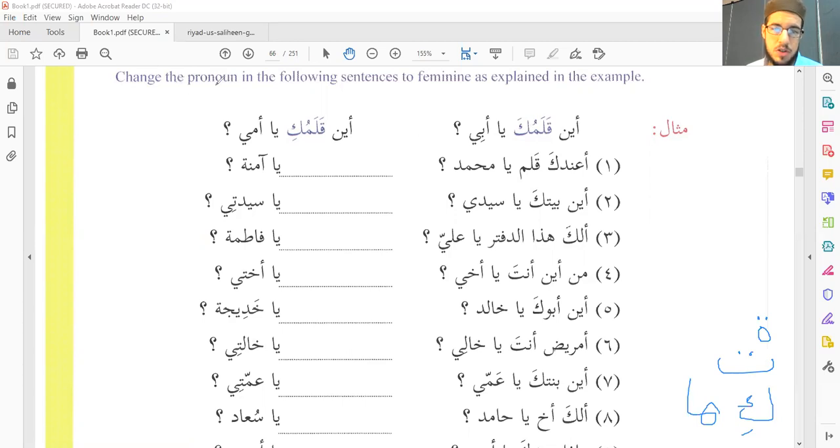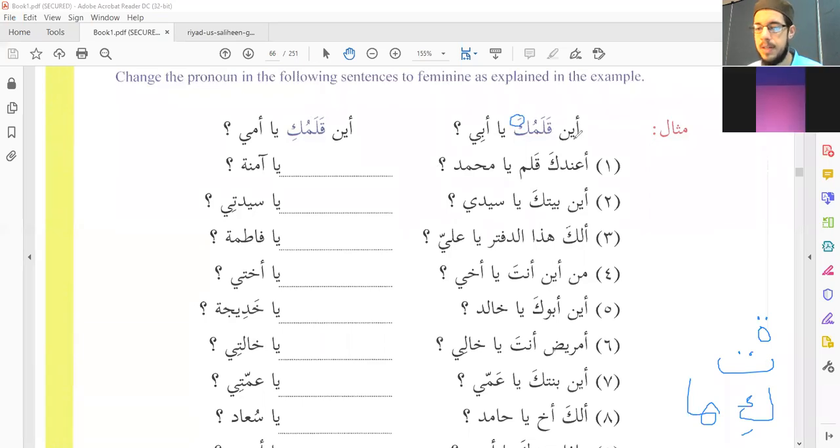The instructions: change the possessive pronoun in the following sentences to feminine, as demonstrated in the example. أين قلمك يا أبي? We are speaking to a man, and that masculine person is going to possess the pen, which makes it أين قلمك, ka, instead of ki.